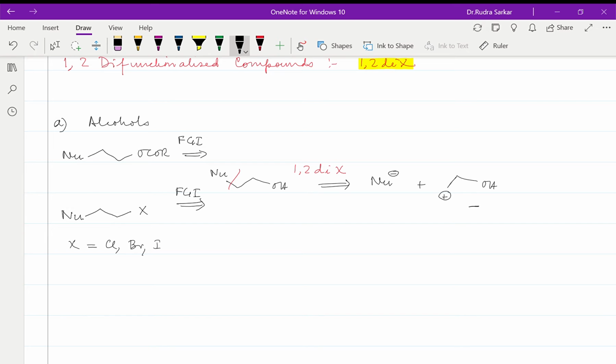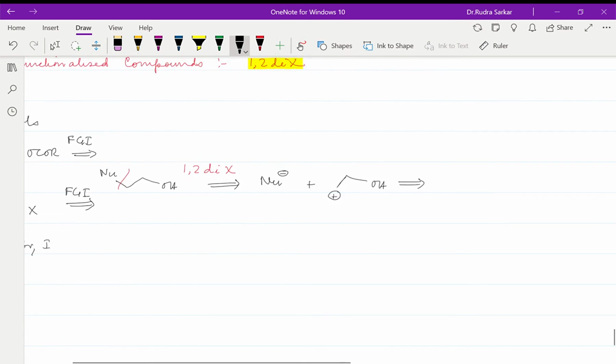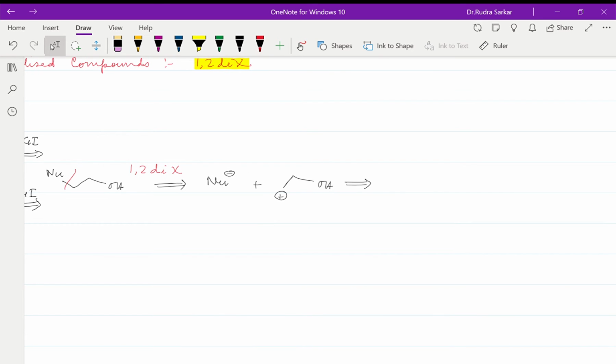Now the synthon that we see over here, the reagent for this synthon will always be an epoxide of this type. So this is basically a synthon of an epoxide.